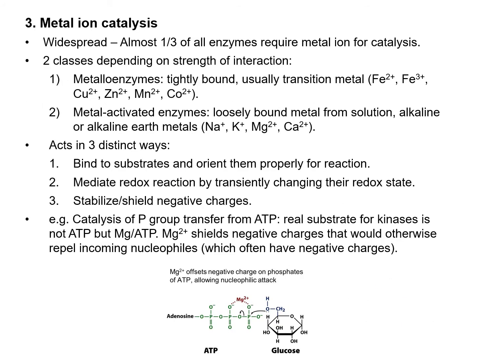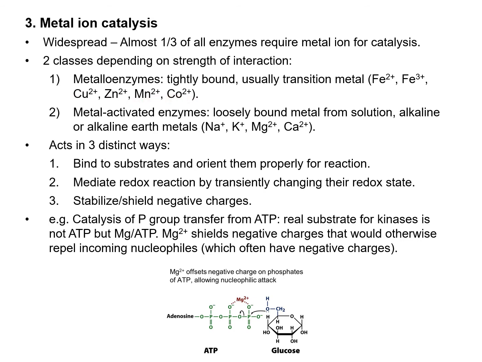And the third type of catalysis is metal ion catalysis, which is widespread. Almost 1/3 of all enzymes require metal ions for catalysis. There are two classes of metal ion catalysis depending on the strength of interaction. The first one is metalloenzymes, which have tight bonding to the metal ion, and usually use transition metals such as iron, divalent or trivalent ions, and copper, zinc, manganese, and cobalt ions, and so on.